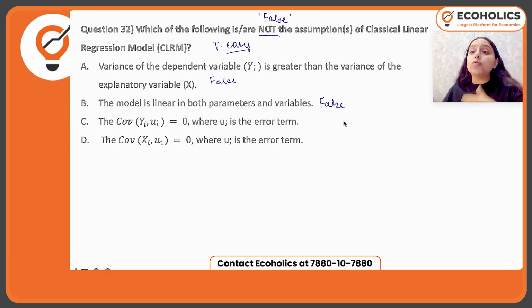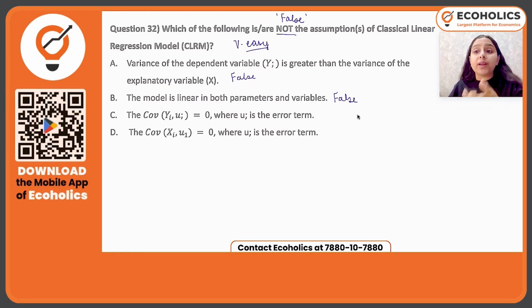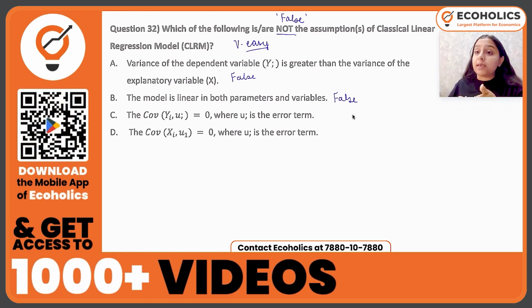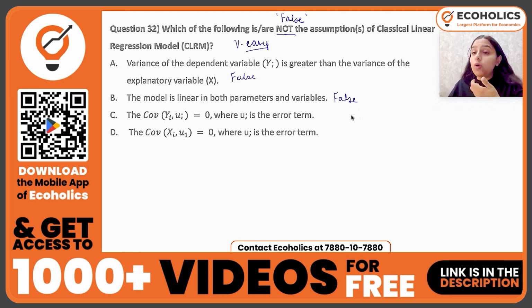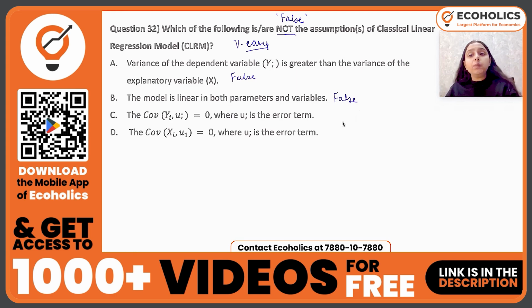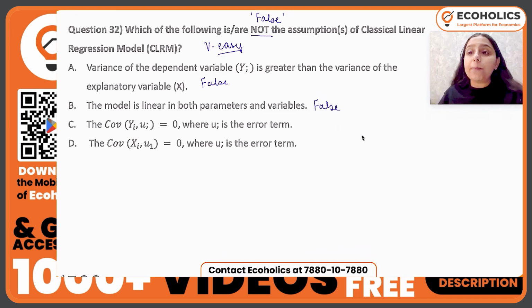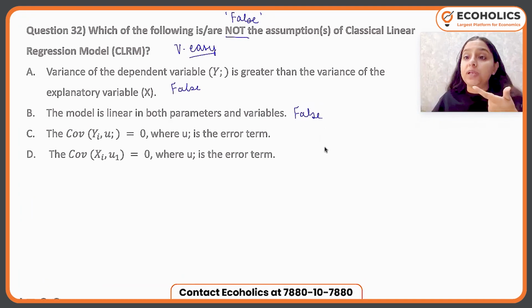When we talk about a double log model, a reciprocal model, or a semi-log model, in all those models the variables are non-linear. Variables are allowed to be non-linear; only my parameters, that is beta 1 and beta 2, the intercept and the slope parameters, have to be linear. So this is also not an assumption.